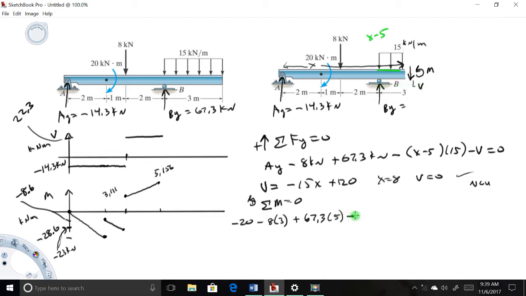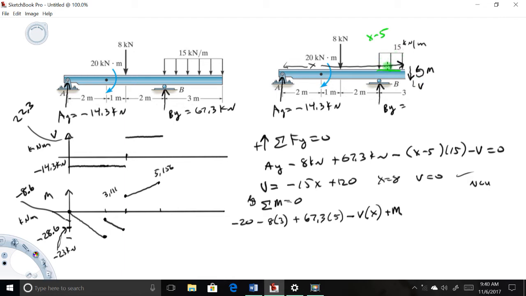Minus the shear, and for now, I'll just put the shear times x. So that's minus this force times this distance. Now, in my next line, I'm going to have to put this linear function into that, but I'll do that here in a minute. Okay, plus our bending moment, that's this guy.